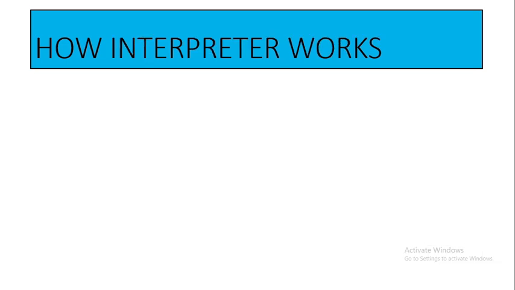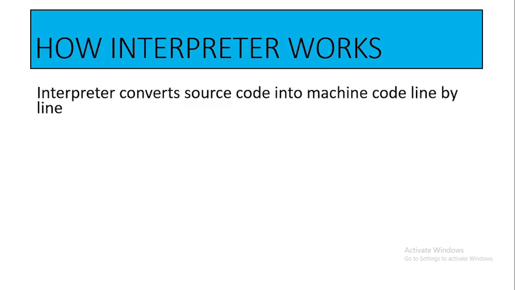Now let's look at how an interpreter works. Unlike the compiler, which picks the source code and converts everything into machine code at once, the interpreter converts source code into machine code line by line. When the interpreter picks the source code, it will first pick the first line, convert it into machine code, move to the second line, convert it to machine code, move to the third line, and convert it into machine code.